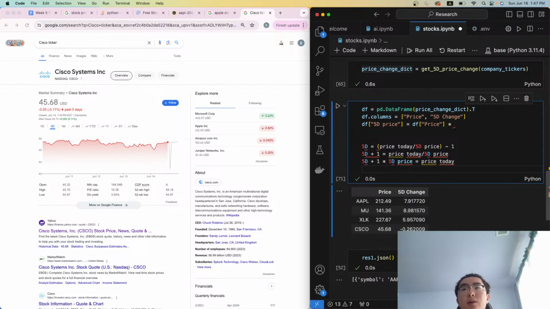And then we could also divide this. So we have 5D price is equal to price today divided by 5-day change plus 1. Got it. So we're kind of discounting the price in order to get the earlier price. Okay, that makes sense. All right, so then we want to do divided by 1 plus df 5-day change divided by 100. Okay.